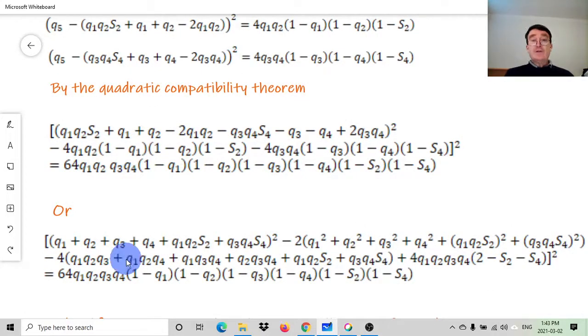And the same thing holds for the symmetric form: if you set the spreads S2 and S4 to 0, then you'll arrive at the projective quadruple quad formula, the symmetric form of that.